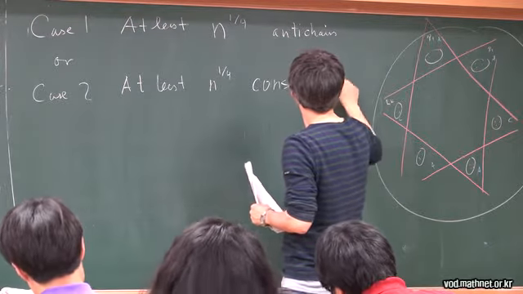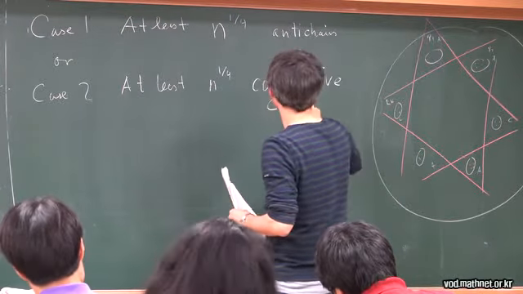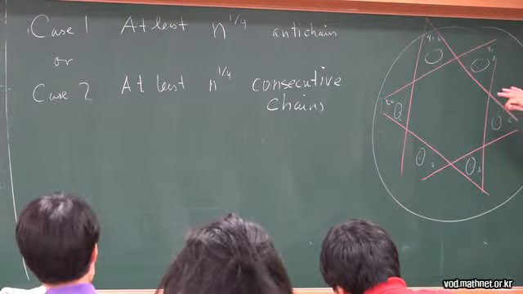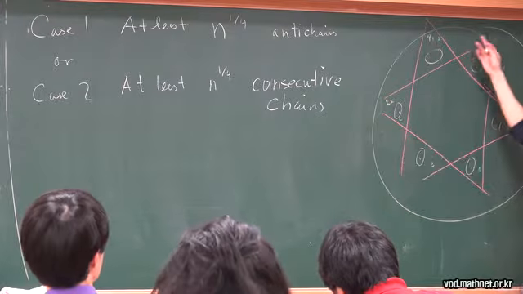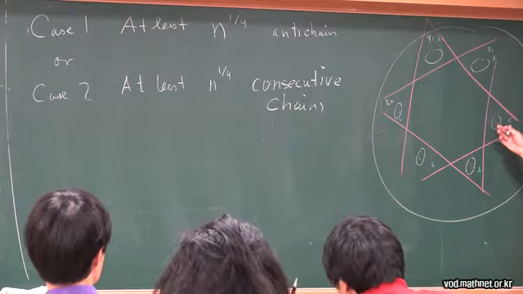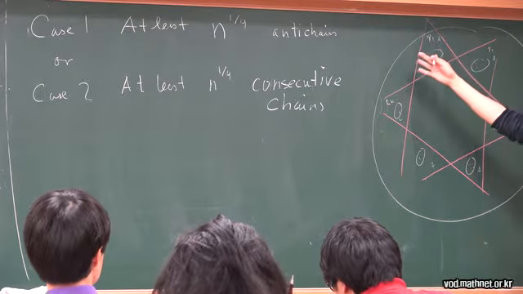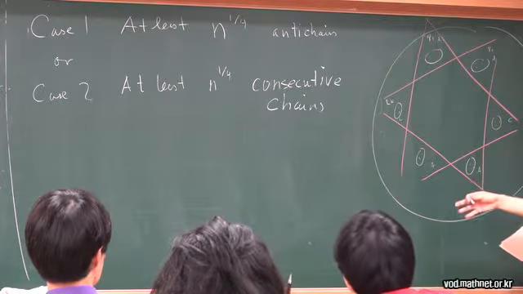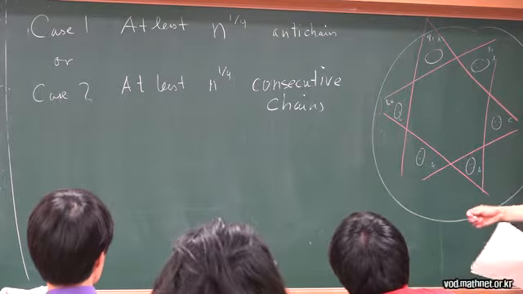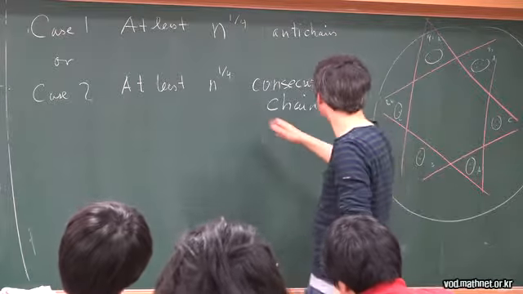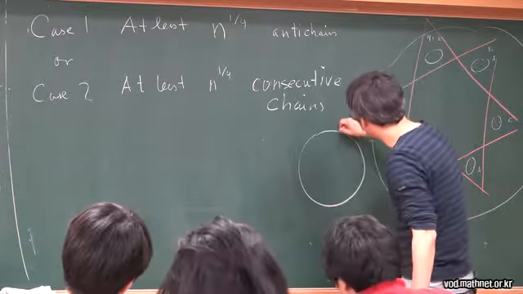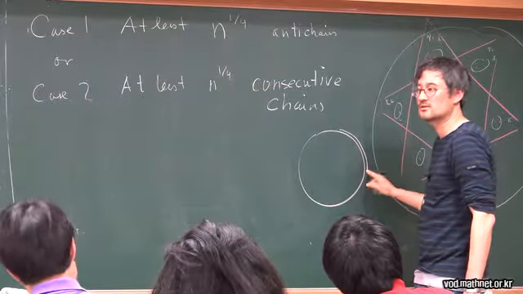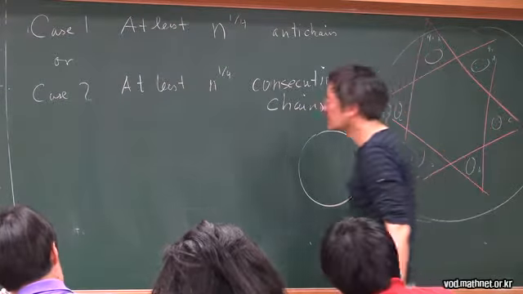The total number of things here is n to the 1/2. Either you have n to the 1/4 antichains, or if there are fewer, then very many of these are chains. So in particular, on the circle there will be a consecutive string of this length, all chains. This is just the pigeonhole principle.